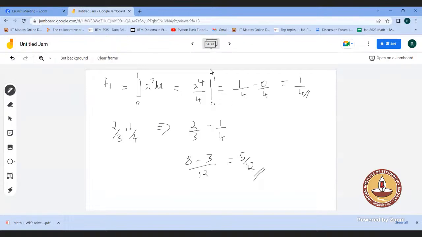Correct? I think everyone got the correct answer. Some gave the answer in decimal. It is not minus 5 by 12, it is 5 by 12. You have approximated it. Almost everyone got the correct answer.